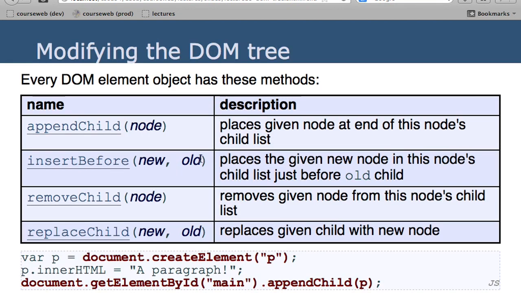There's also insertBefore. With insertBefore, you have a reference to a DOM object, so if this is the new thing you just created, and this is the DOM object where you want it to go, you want to insert this new one before this one. You pass the second one as the parameter and so on.